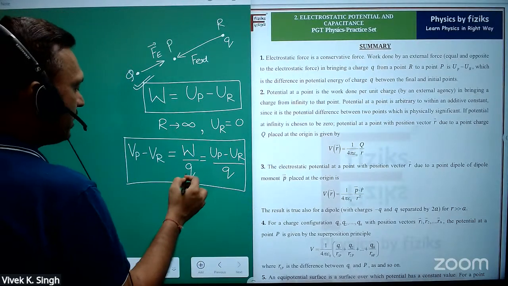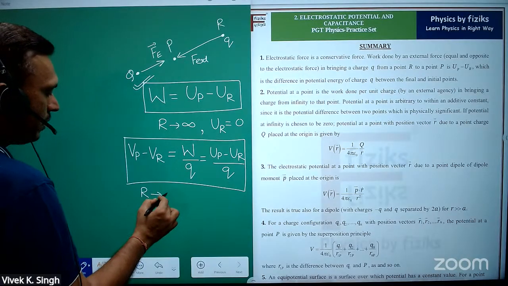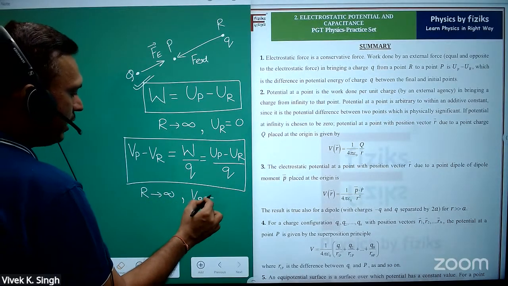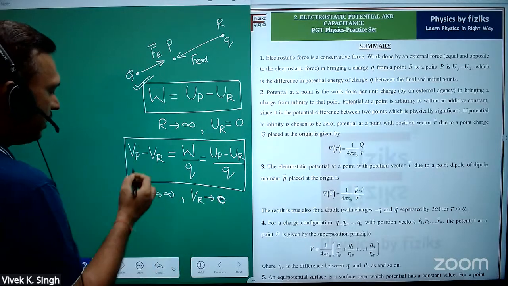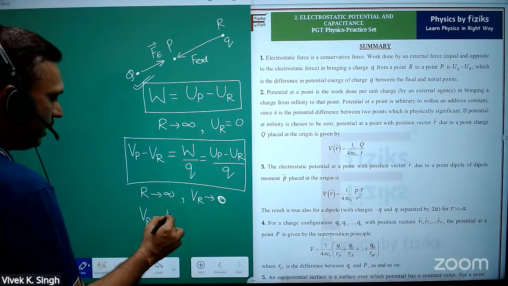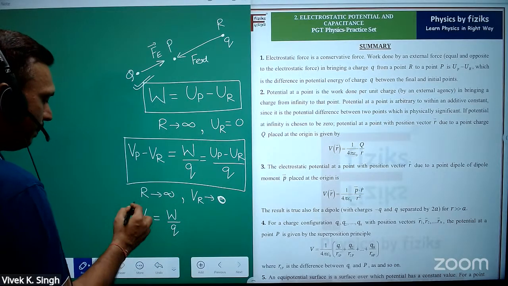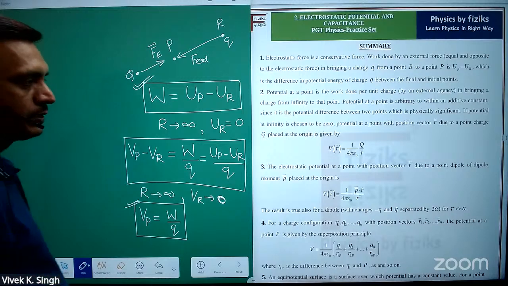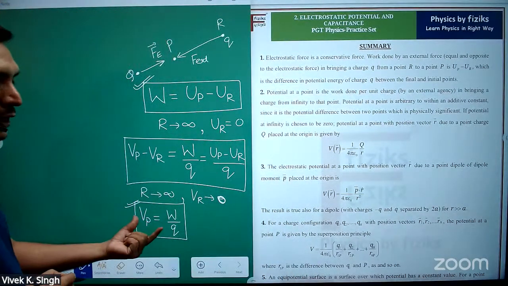And if you are moving this charge from infinity, R equal to infinity, the potential at R will be 0. So that will give you the potential at a particular point P as simply the work done in moving charge Q from infinity to point P. So potential is work done per unit test charge.